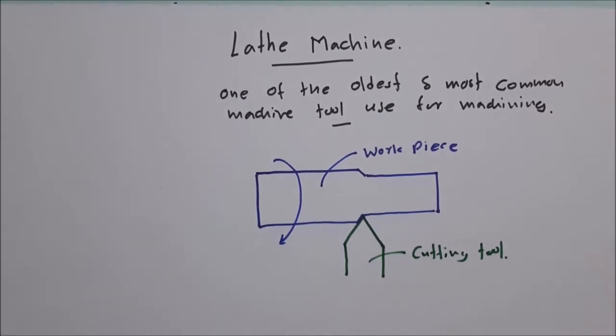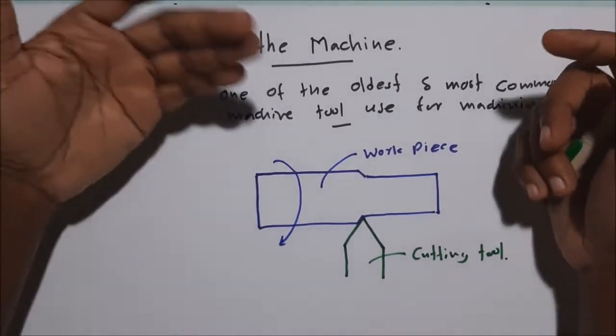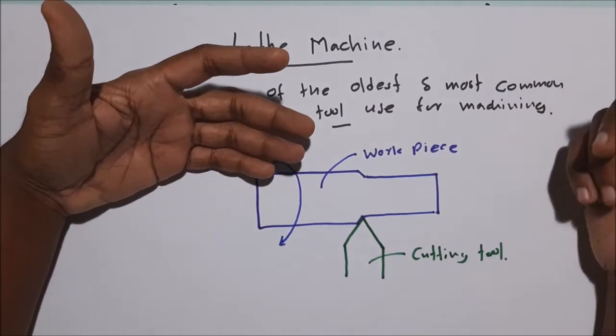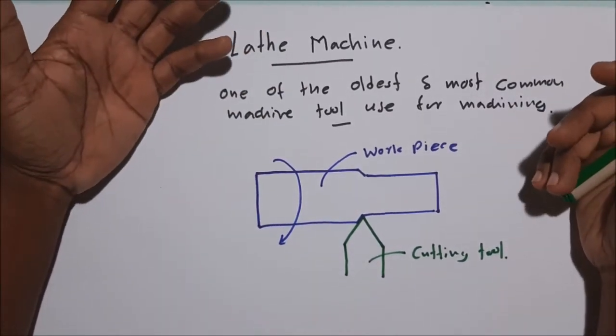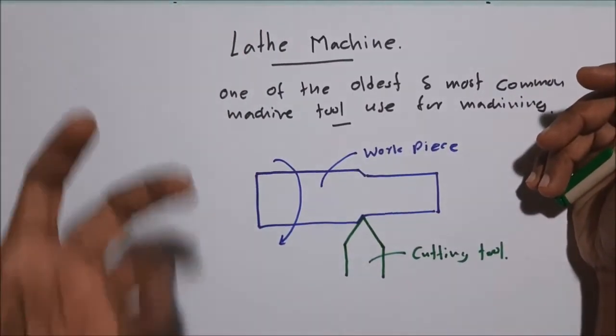In the first lecture we discussed that there should be a relative motion between the workpiece and the cutting tool to remove the material. How is this relative motion produced in lathe machine operations?